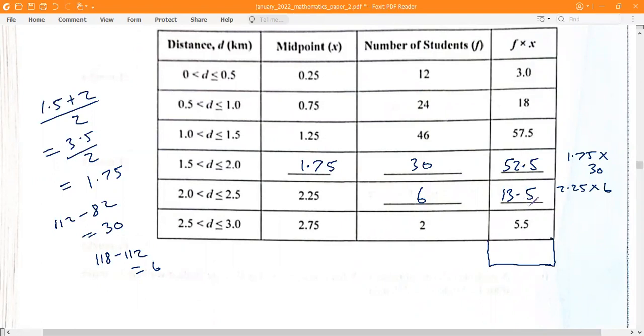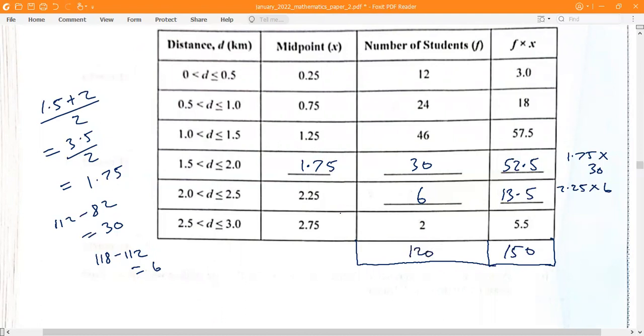We add them up. 0.5 plus 13.5 plus 5.5, 150. Let's add up this column. 12 plus 24 plus 46 plus 30 plus 6 plus 2, 120.